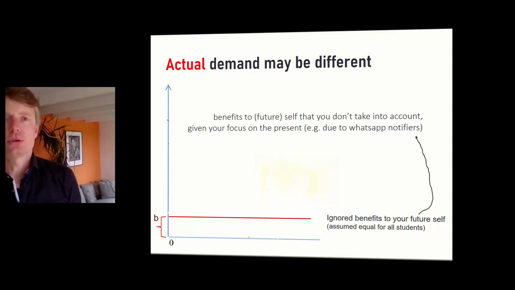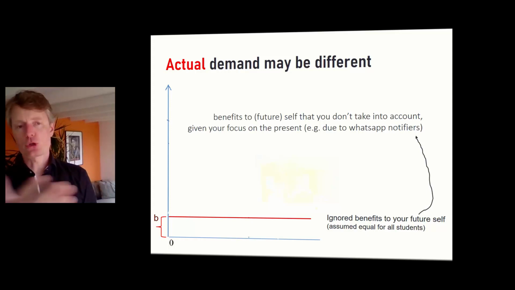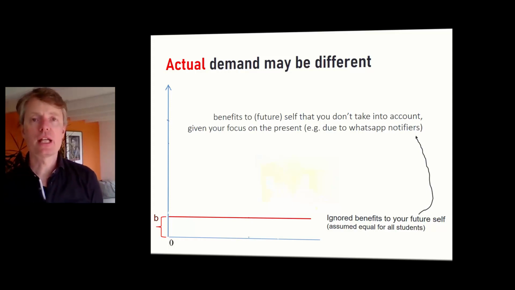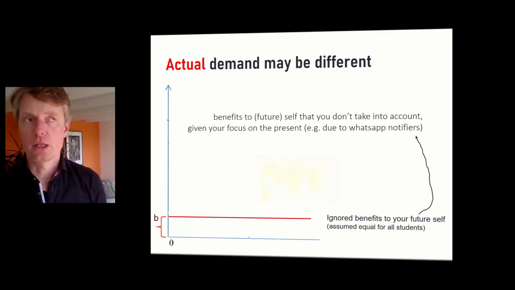Now, the actual demand may be different, and that's because of an internality. And let's assume that there is this internality that is similar across all students, and it has a size of B. Obviously, as I discussed also in the lecture on actionalities, it's an empirical question how this curve should look. It may be that the bias is larger for some students and smaller for other students.